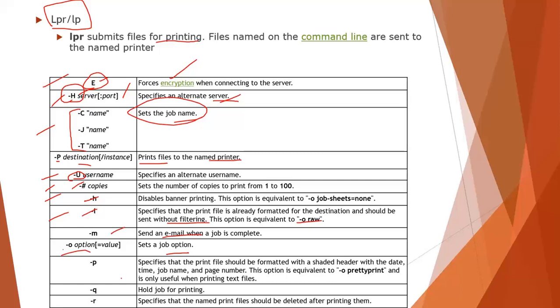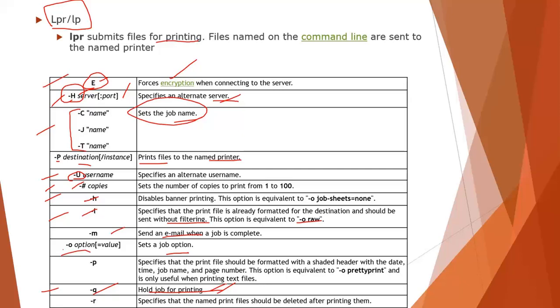According to this, we can also have one more option like Q, holding jobs for printing. That is, currently you have 5 files to be printed. It is going to hold those, and then it is going to print whichever file you have tried to print. In that case we'll be using Q. So Q will be representing hold the jobs for printing.